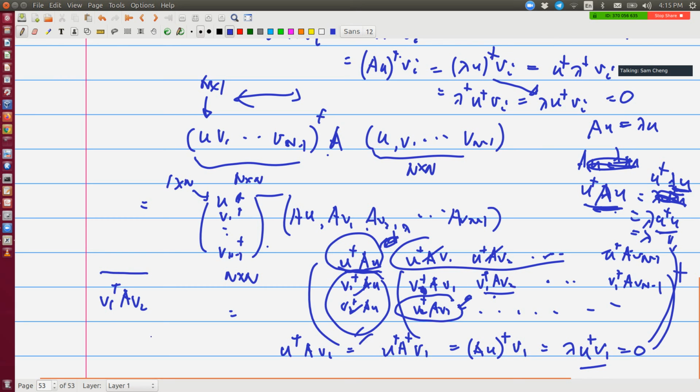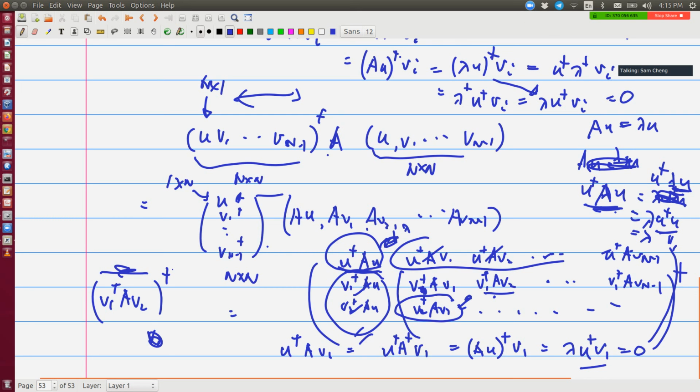will be V1, just transpose that. Let's see, what is the best way to do it? Actually, rather than the complex conjugate, just do the Hermitian, right?